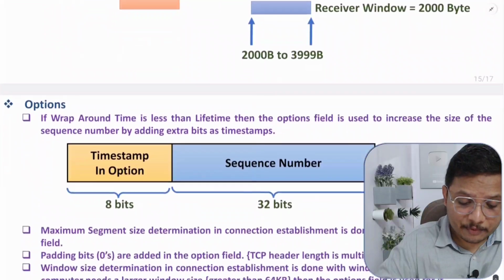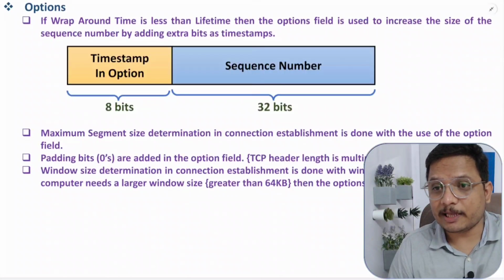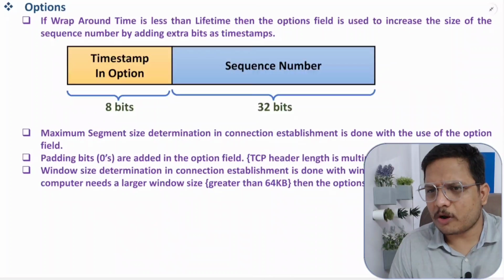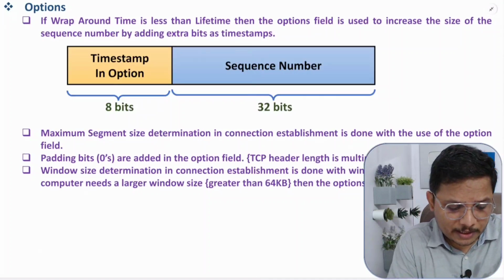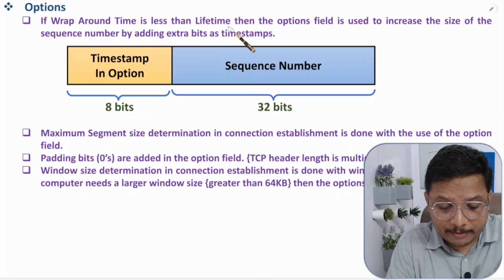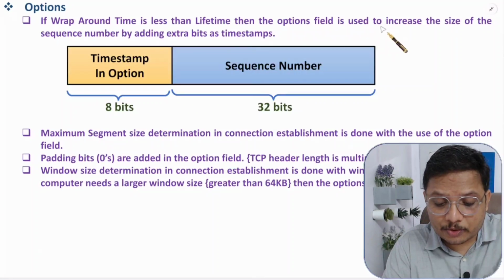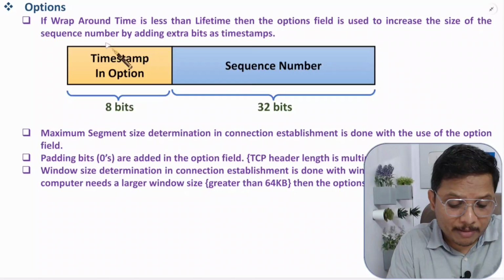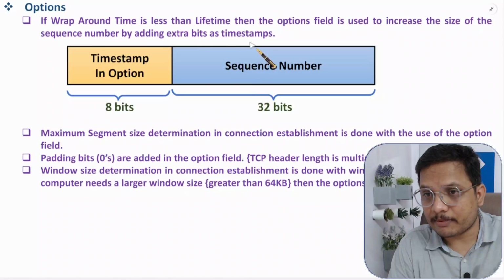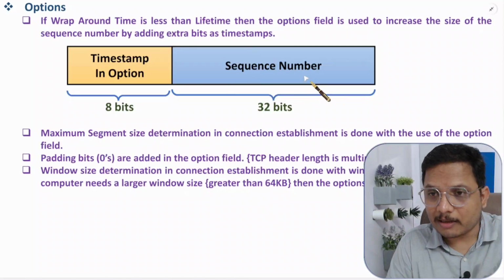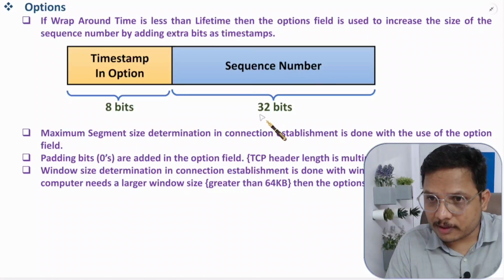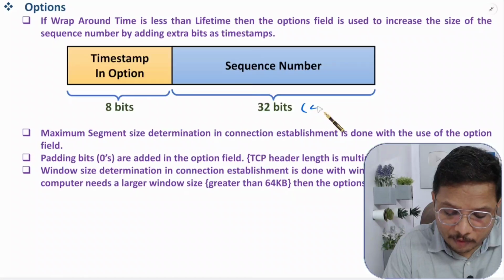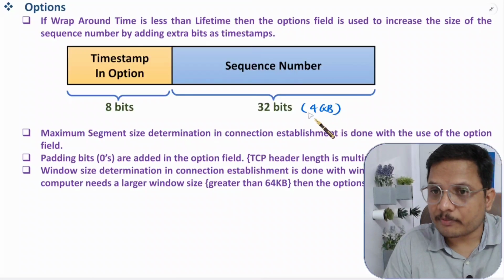Now there are a few interesting things that I am going to explain regarding options. Almost all of these case studies we have already studied in my last few videos. You see, the first one is, if wraparound time is less than lifetime, then the option field is used to increase the size of the sequence number by adding extra bits as a timestamp. I have told you the sequence number size is 32 bits, so we have 4 GB of data, right?